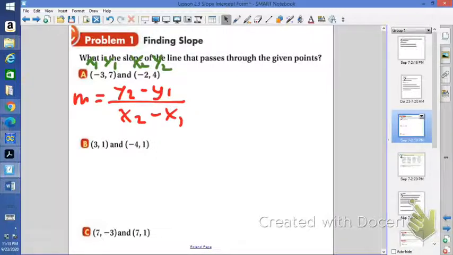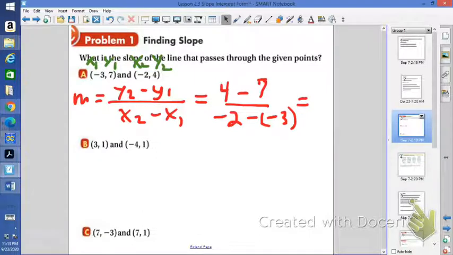Alright, so we're now going to plug in. So your y sub 2 is equal to 4 minus your y sub 1, which is 7, all over your x sub 2, which is negative 2, minus a negative 3.